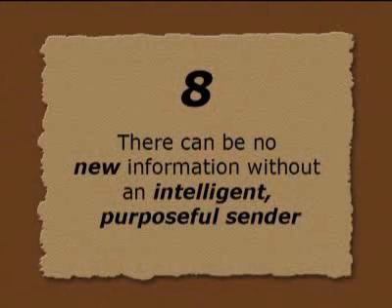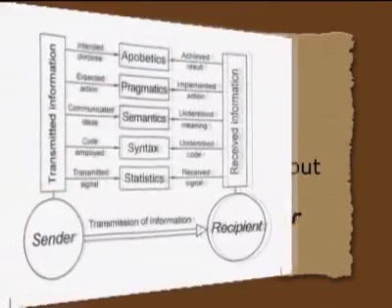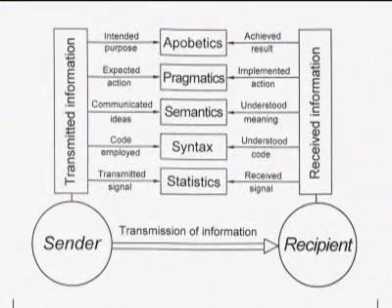Number 8, there can be no new information without an intelligent, purposeful sender. That's what we observe in all systems which are known. There is a sender and also one or more recipients. And we see all the 5 levels are important on both sides, on the sender side and also on the recipient side.